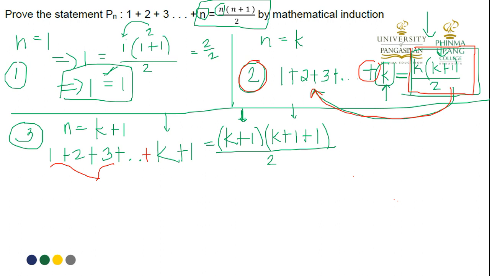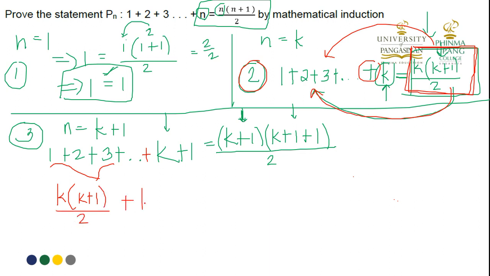Mag-mute muna kayo. Yung naka-red na box, yan yung equivalent ng ating 1 plus 2 plus 3, di ba? Always yon. Lagay ko dito, k tapos k plus 1 all over 2.